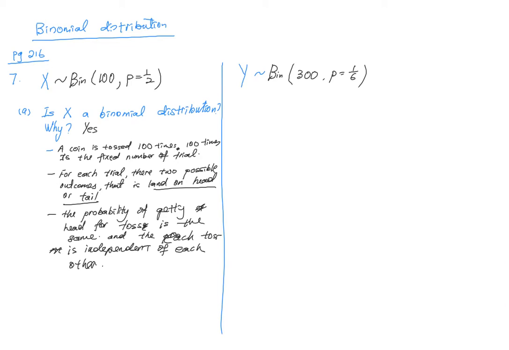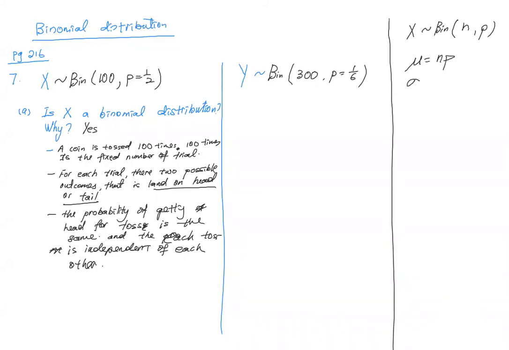I can ask you, like the first one, show the mean of the distribution. For any binomial distribution, to get the mean, you multiply N times P. To get the standard deviation, square root of NPQ.